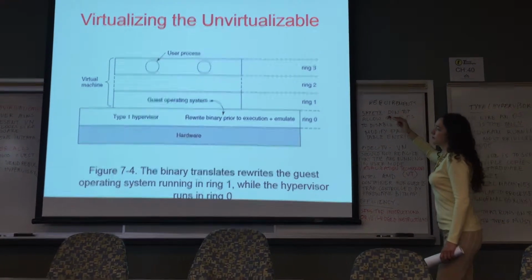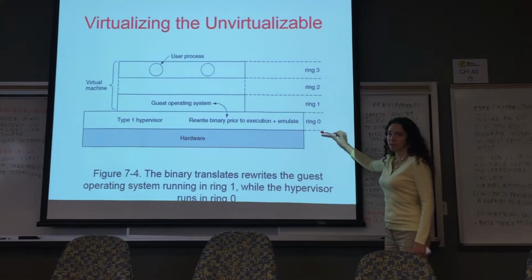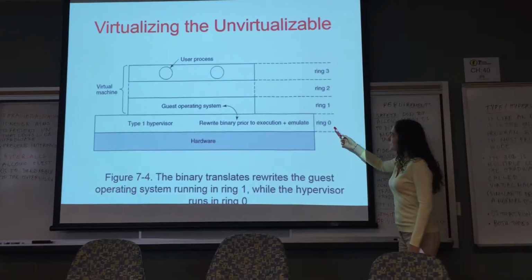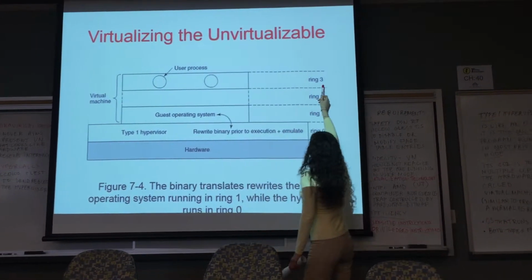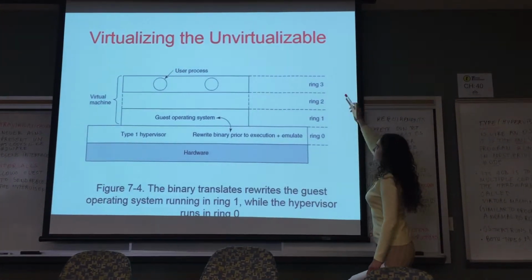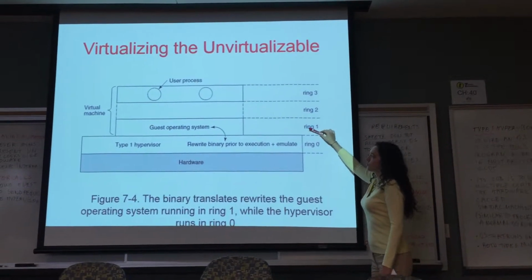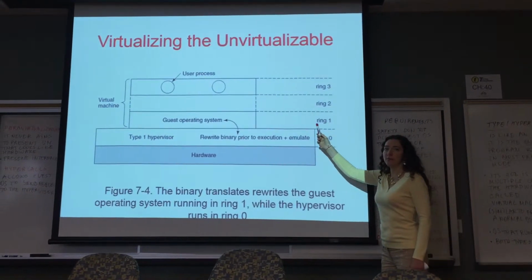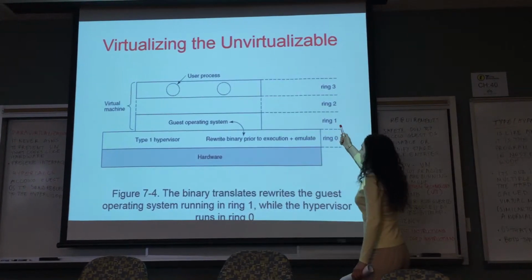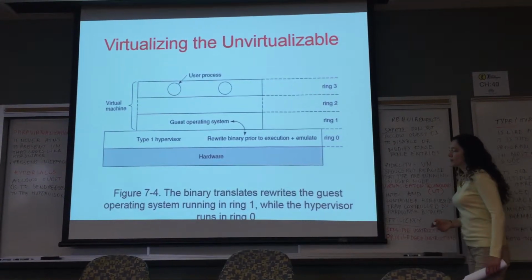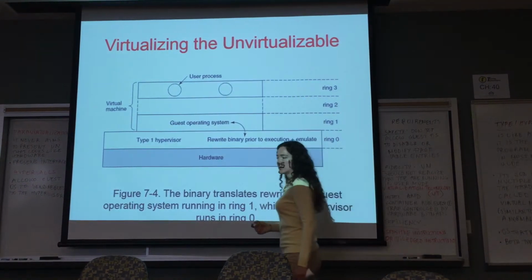The operating system was always running in ring 0, which is the lowest number, the most privileged mode. And the user processes run in ring 3, the highest number, the least privileged mode. And then these two rings were available for virtual machines. The way VMware implemented it is they put the virtual machine into ring 1, so it gave it some intermediate level of privileges.